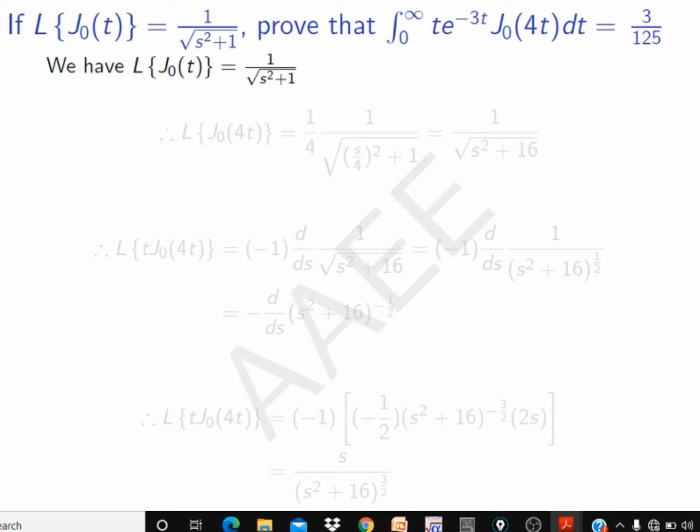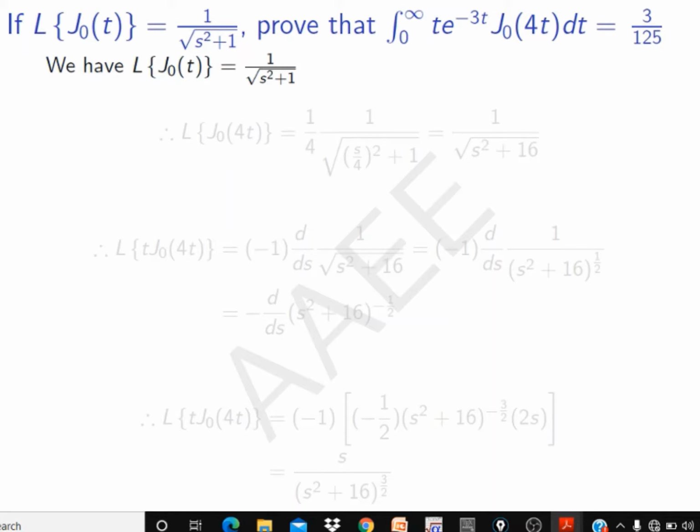This is a special function, the Bessel function. It is called the Bessel function of zeroth order. If the Laplace transform of the Bessel function j0 of t is 1 upon under root of s square plus 1, prove that the integral from 0 to infinity of t e raised to minus 3t j0 of 4t dt is equal to 3 by 125.